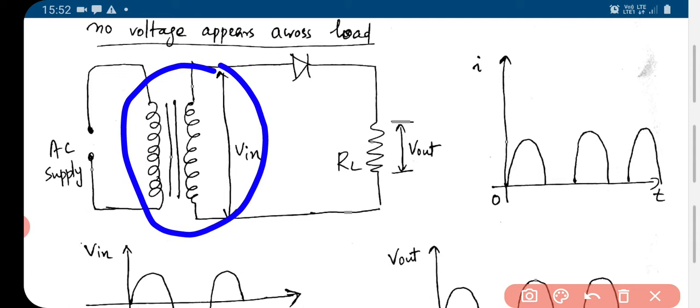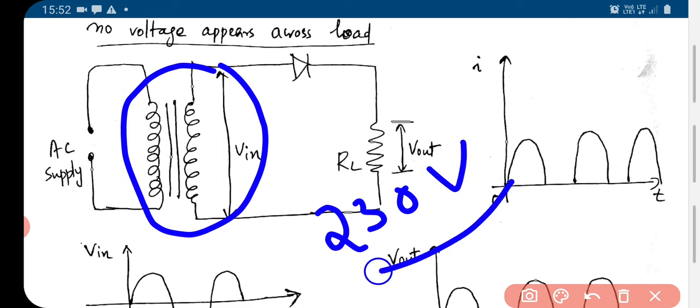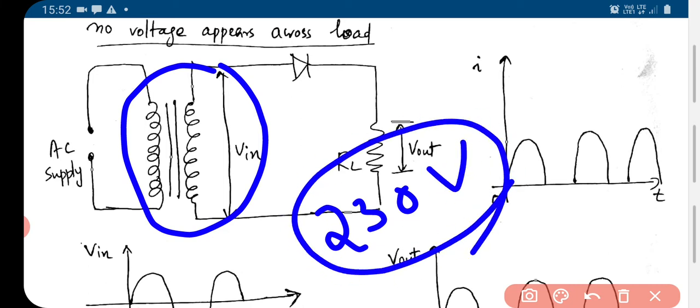In the power supply we will be getting 230 volts. This is a big voltage which cannot be directly applied to the diode because that will damage the diode.